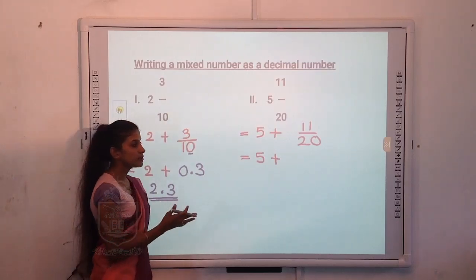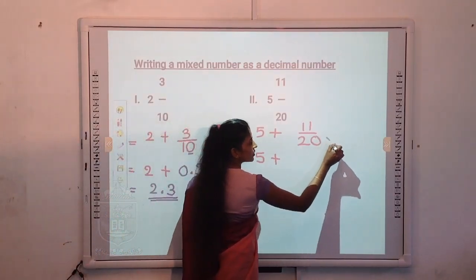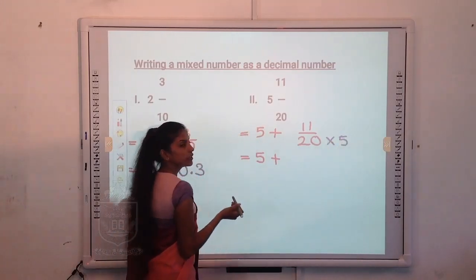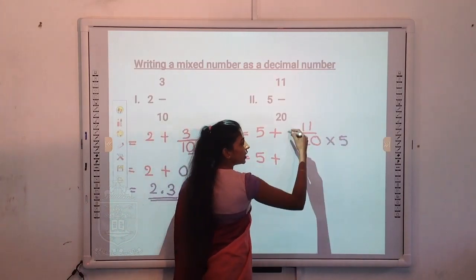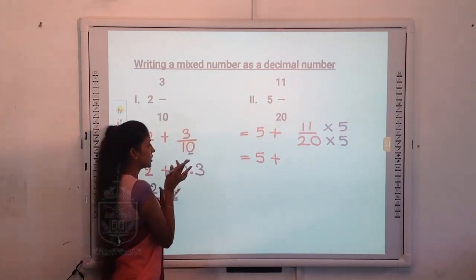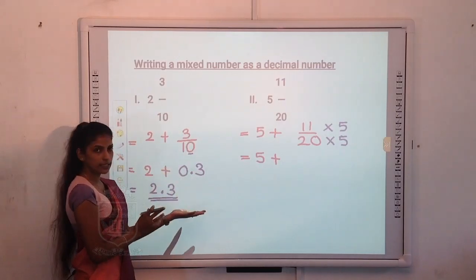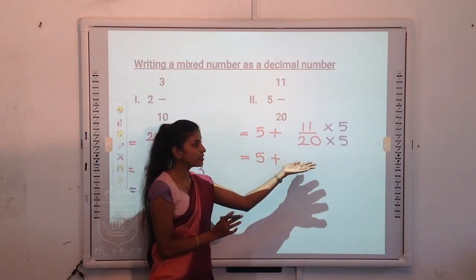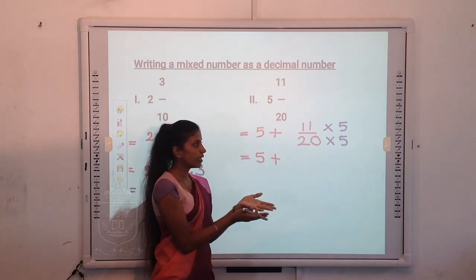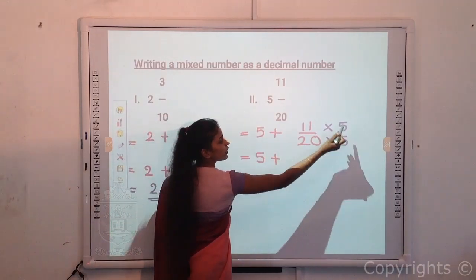It is easy for us to make 20 into 100. How can we make 100? 20 times 5 will give you 100. So we are going to make equivalent fractions at this place. If it is already a power of 10 like the previous one, it is easy for us. But if it is not a power of 10, you have to make it into a power of 10 by making equivalent fractions.